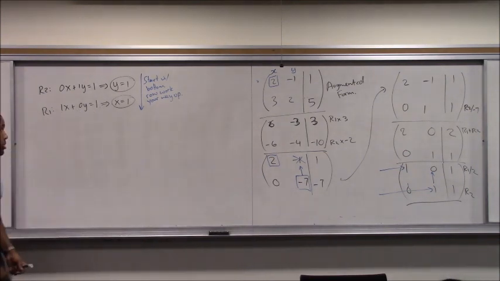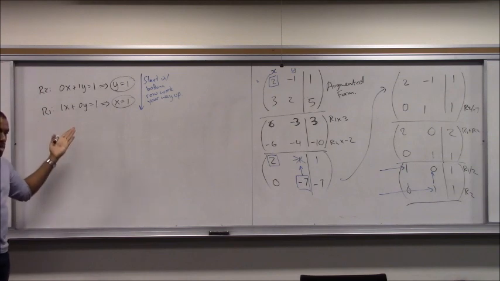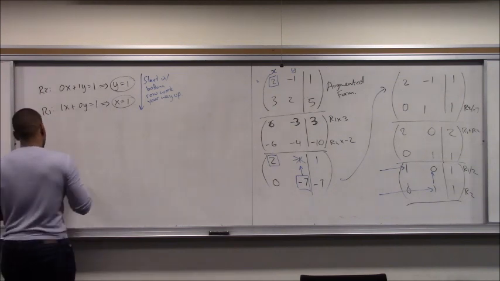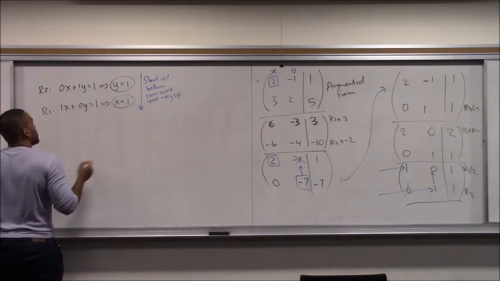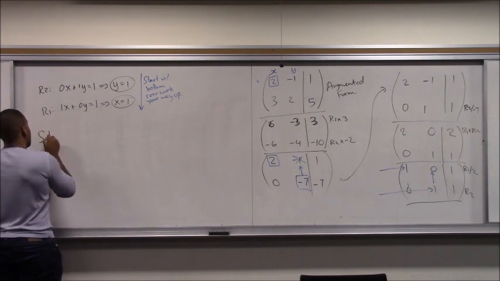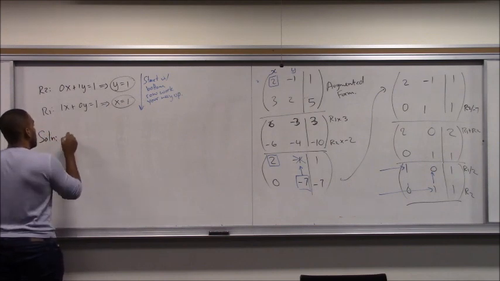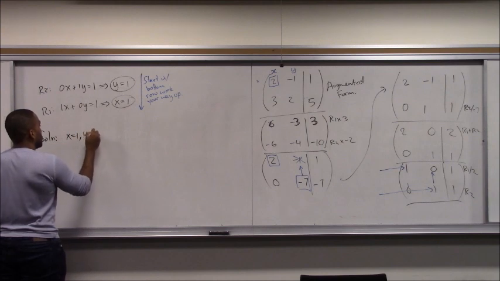Nothing is ever random. I started at row 2 for a reason, then did row 1. Always start at the bottom row, work your way up. And so now that tells us the solution. The solution to that equation is x equals 1, y equals 1.